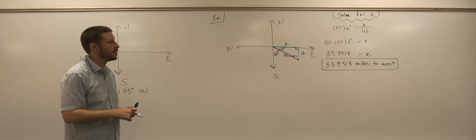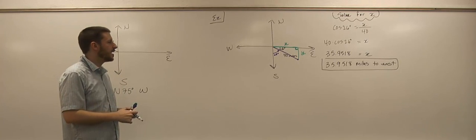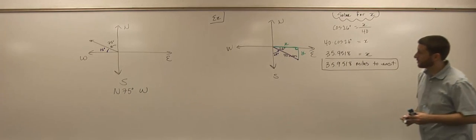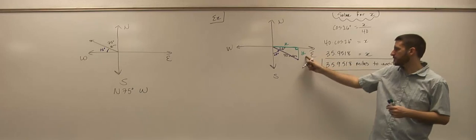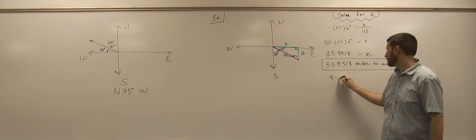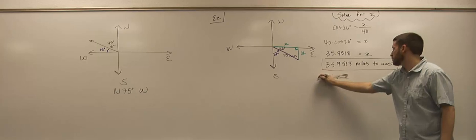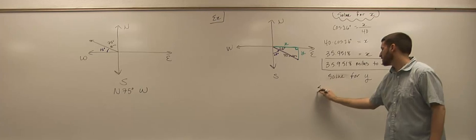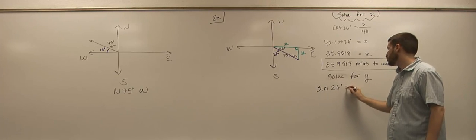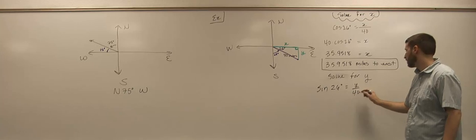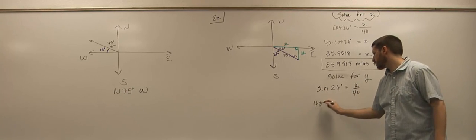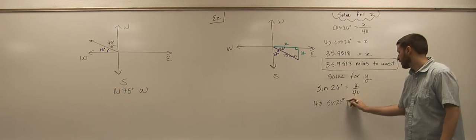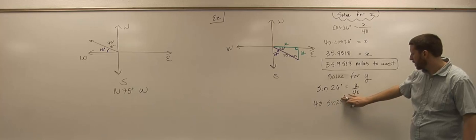And then for the south, how many miles south have we traveled? You have to solve for y. So what are you going to set up for y? Sine, right? You need the opposite. You have the hypotenuse. Sine of 26 degrees should equal y over 40. So when you multiply up, 40 sine 26 should equal y.